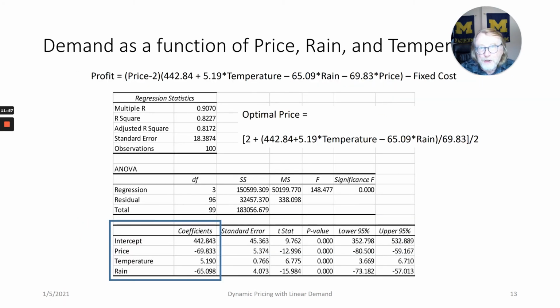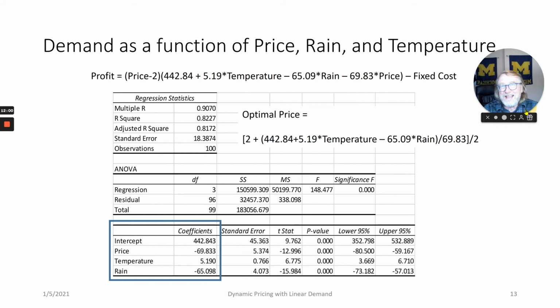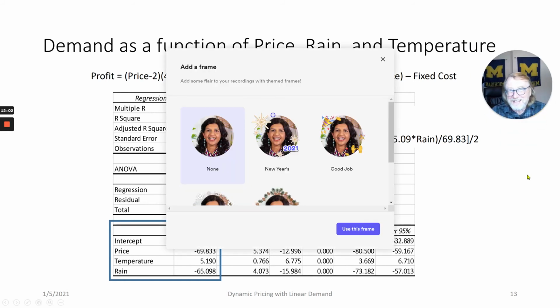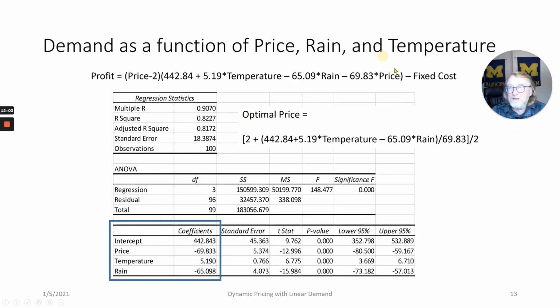Okay, we can put temperature in along with rainy day, right? If it's cold and rainy, it's not going to be very good. And so we can go ahead and see this. You know, just put it in. You see that every degree of temperature increases, on average, your number of units being sold by 5.